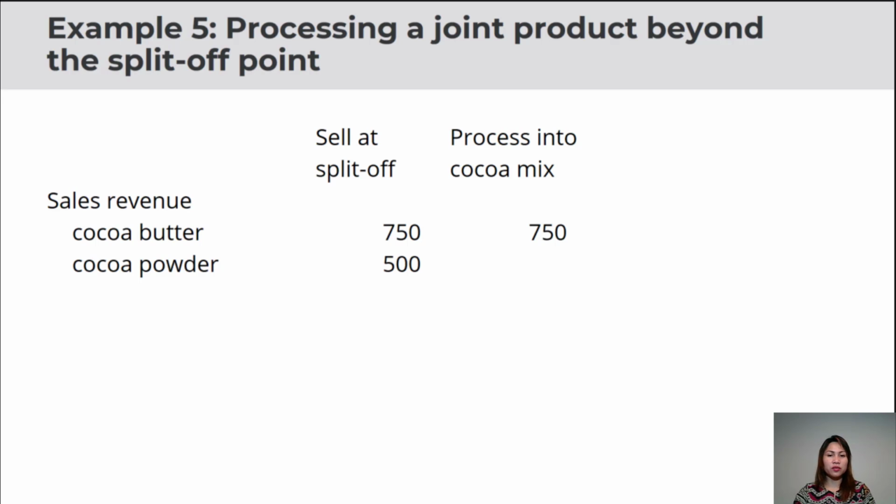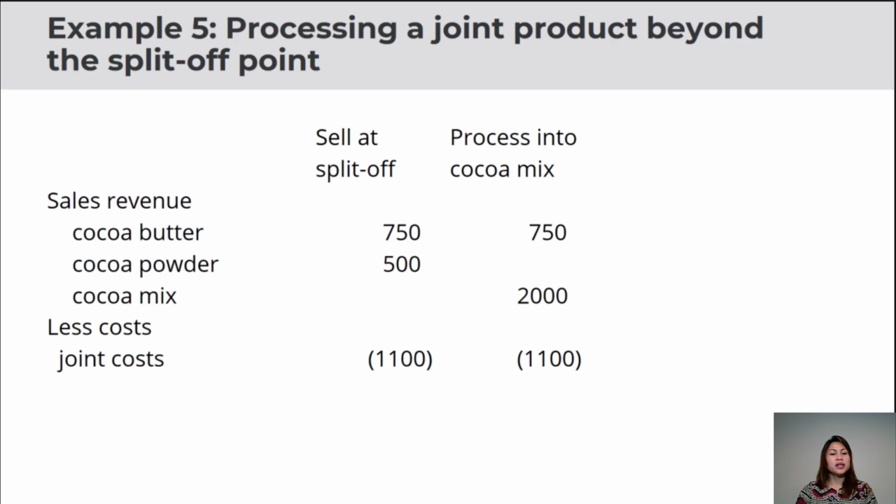If you want to process it further into cocoa mix, you still have two types: cocoa butter at the same selling price of $750, and cocoa mix at $2000 after you process it further from cocoa powder. Minus cost: the joint costs, you need to take that out of the calculation because it's irrelevant, 1100 from what we identified before. Processing mix cost, that is phase 2 production, is $800 per batch.